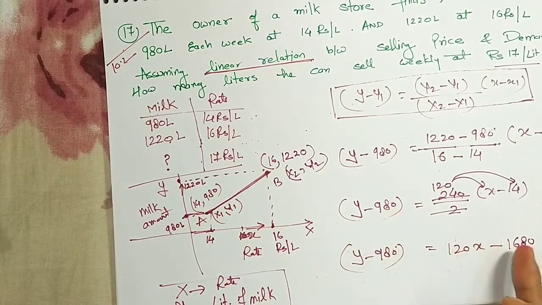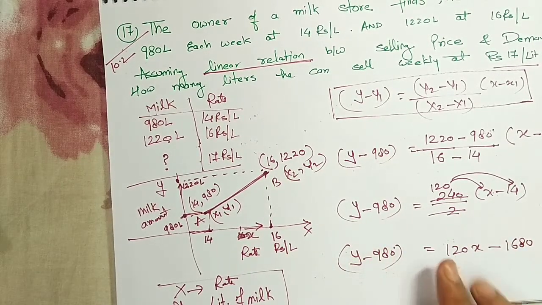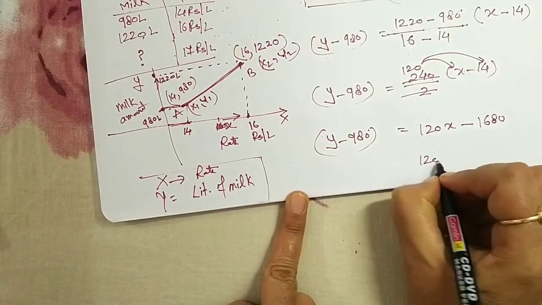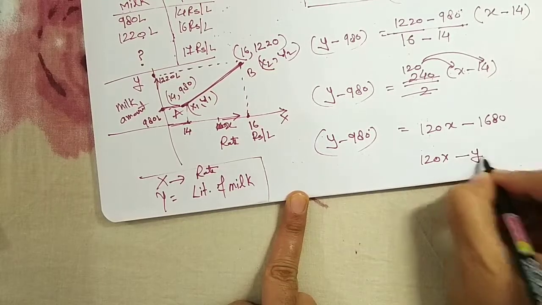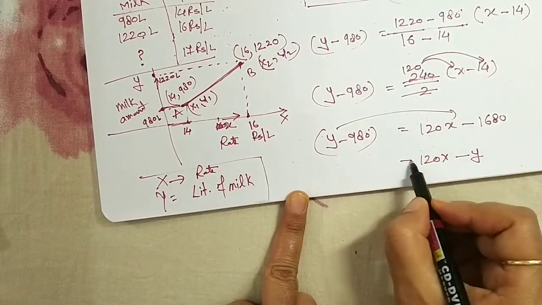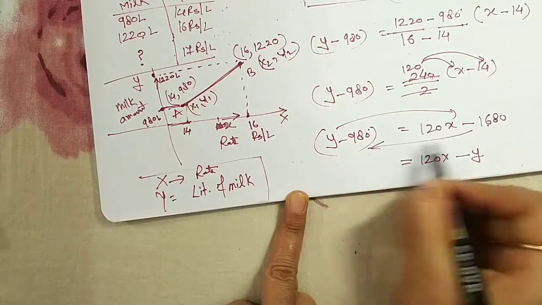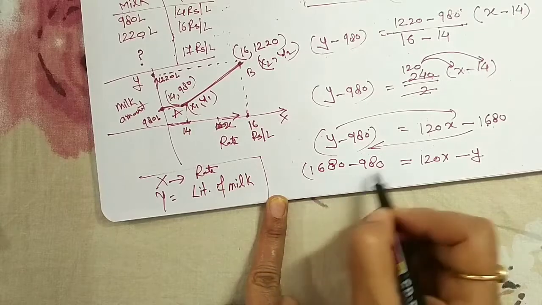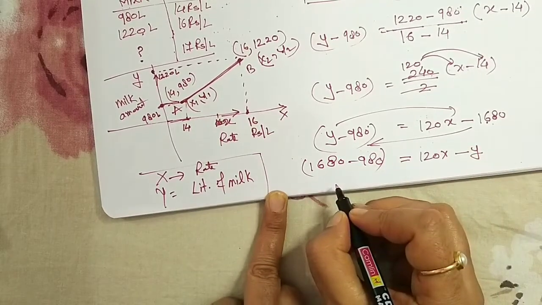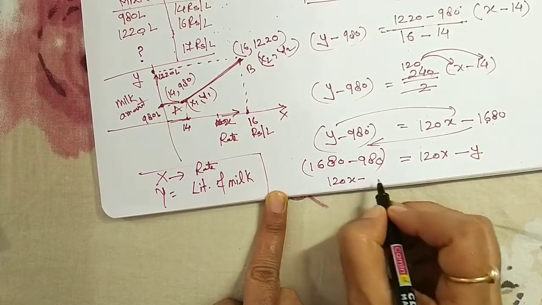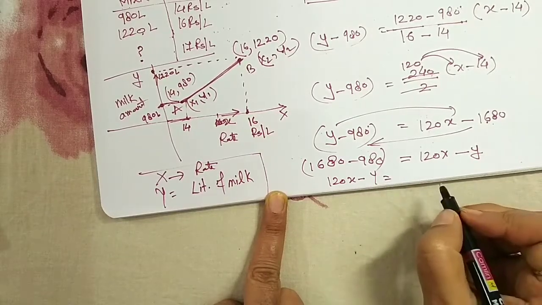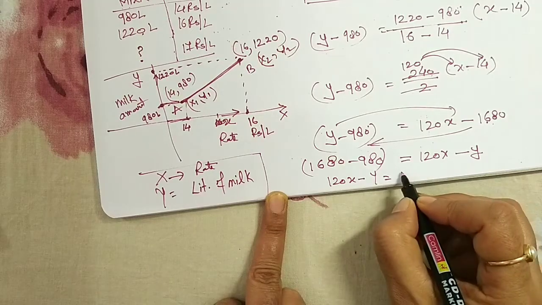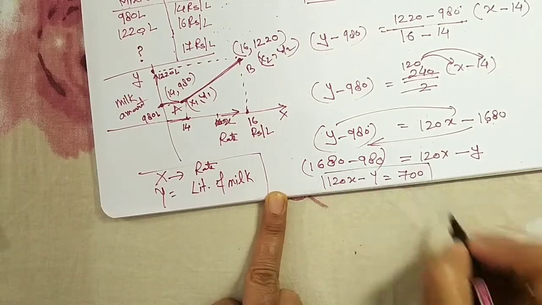I want to keep x as positive, so I will keep this here: 120x minus y, this is coming here, and this is going there, and this will become plus. So this is 1680 minus 980. If I flip, my answer will be, guys, 120x minus y is equal to what? This value will be around 700. So this is my equation.